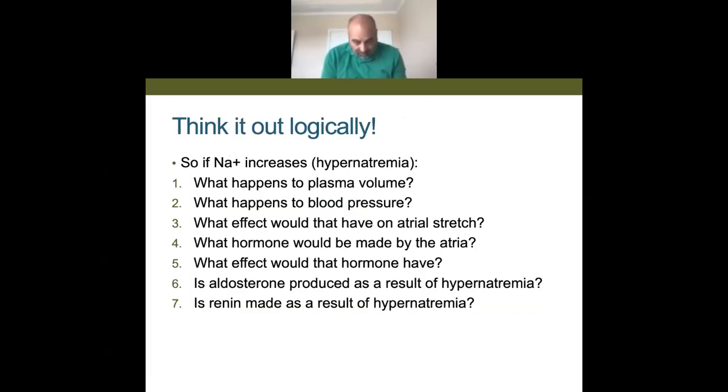That would also go up. Correct. And so what hormone are we going to release? Is it the angiotensin? That's ANP. ANP, atrial natriuretic peptide hormone, is going to be released. We also have BNP in the brain. That also would be released. They both have the same effect. They cause sodium loss in the kidneys.